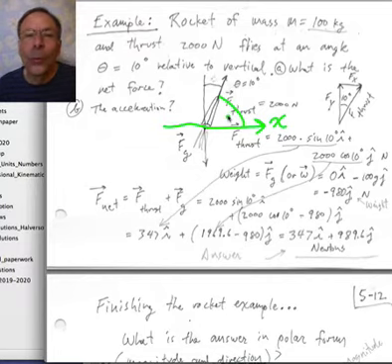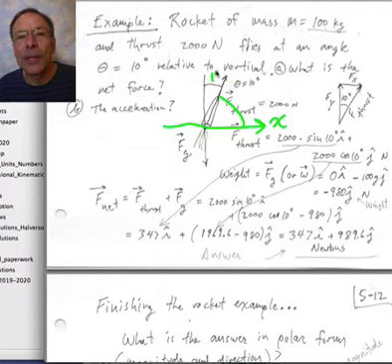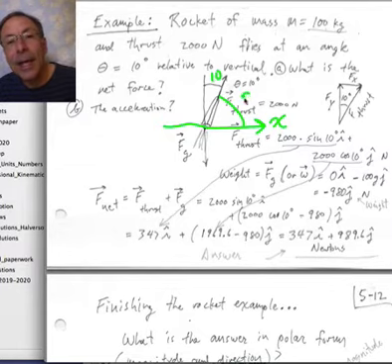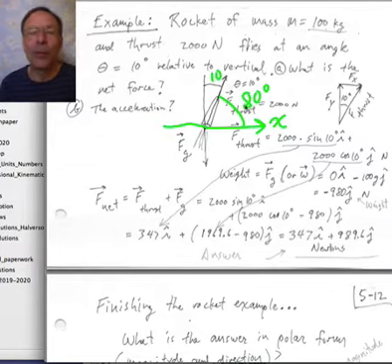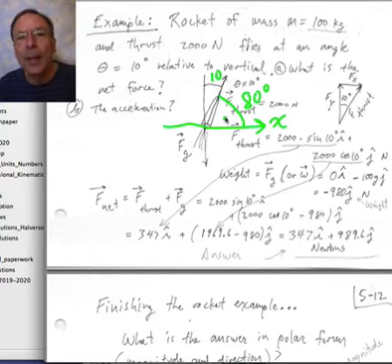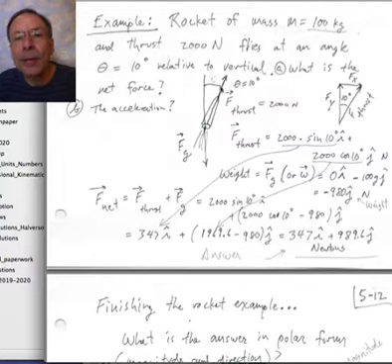Now, you have an option here. You could say, okay, well, if this is 10 degrees, then this must be 90 minus 10, which would be 80 degrees. That's one way to do it. But the other way is just to keep track of the fact that we're doing things relative to the vertical axis.